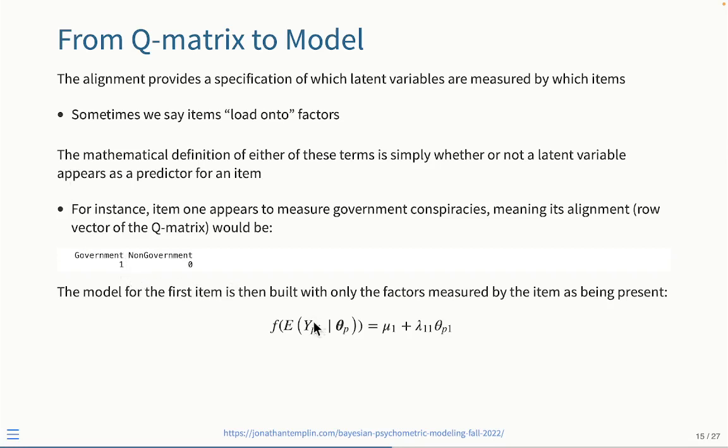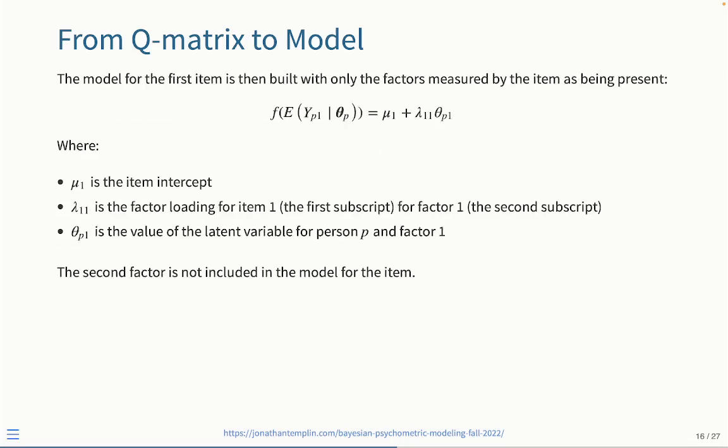And so the model for that first item itself, item 1, that's the subscript right here, is only a function of that latent variable 1. Also containing the linear model parameters that we're used to, some intercept and some slope that we'll know by different names.